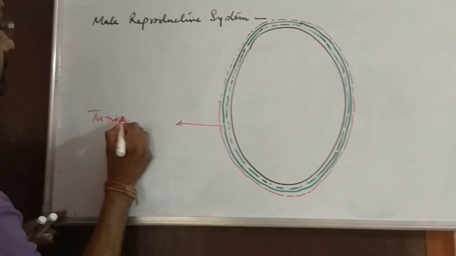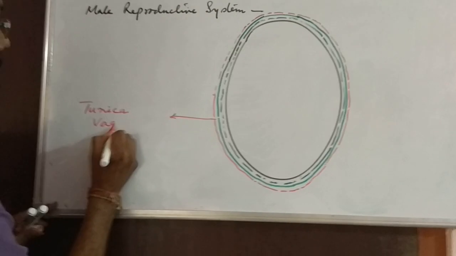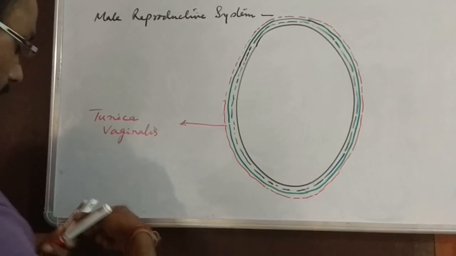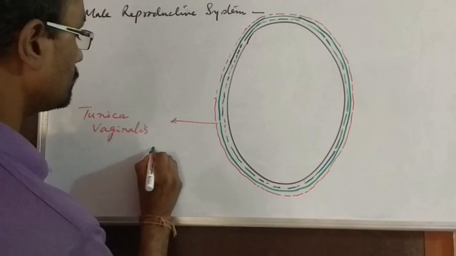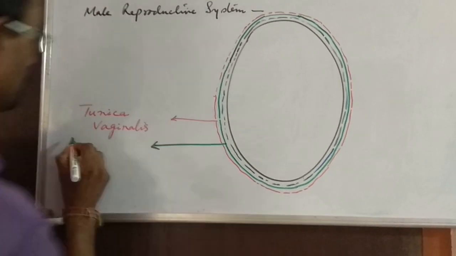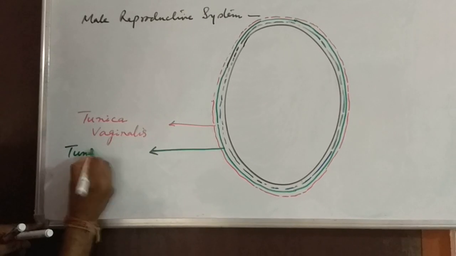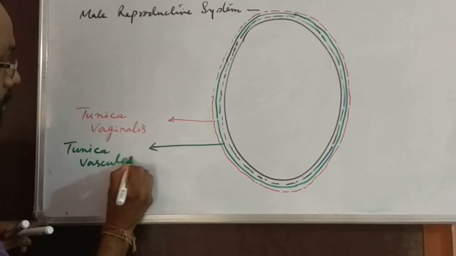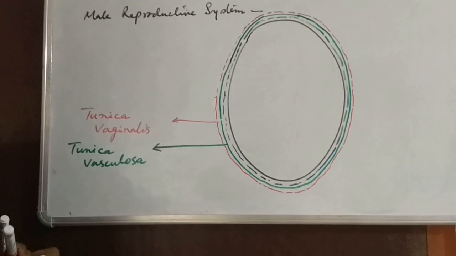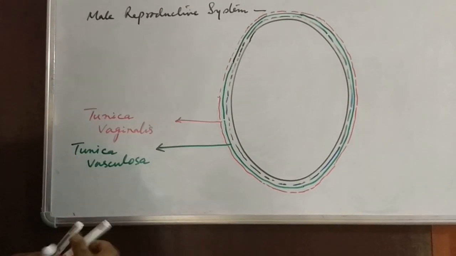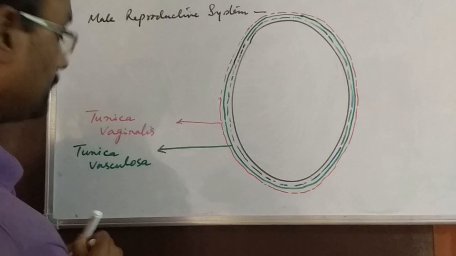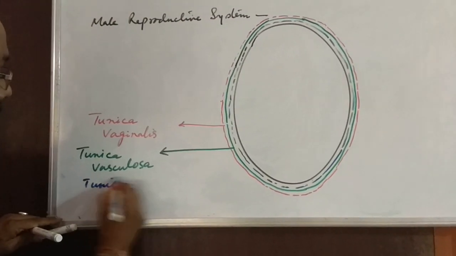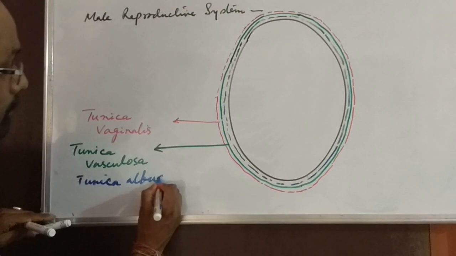Tunica vaginalis. Then the green one, tunica vasculosa. Then the blue one is tunica albuginea.